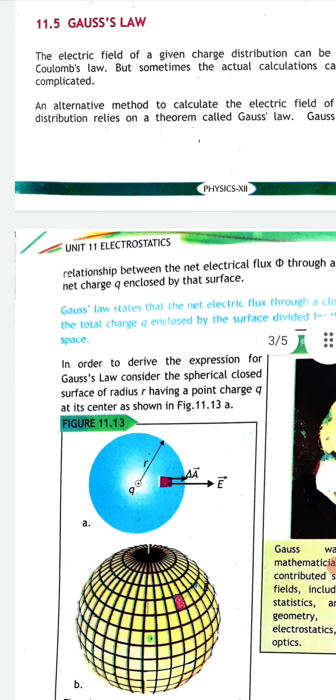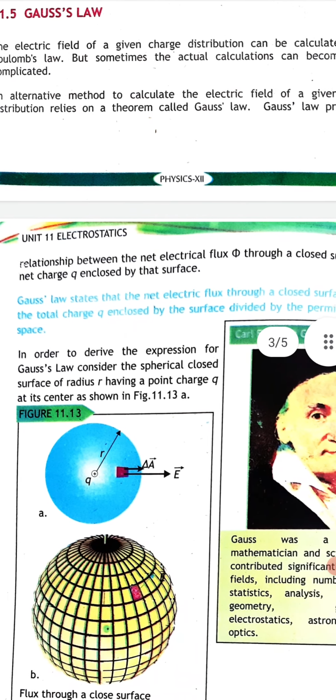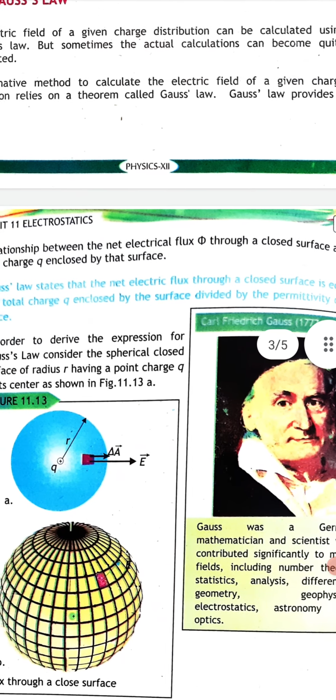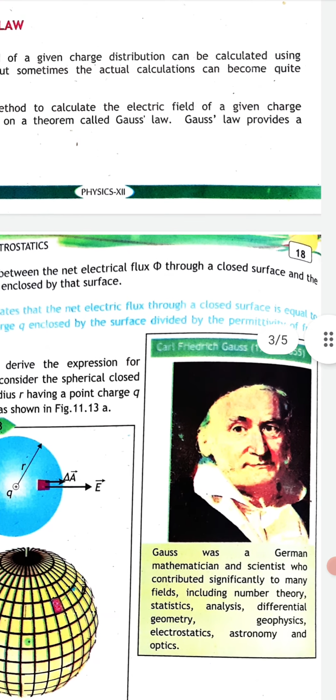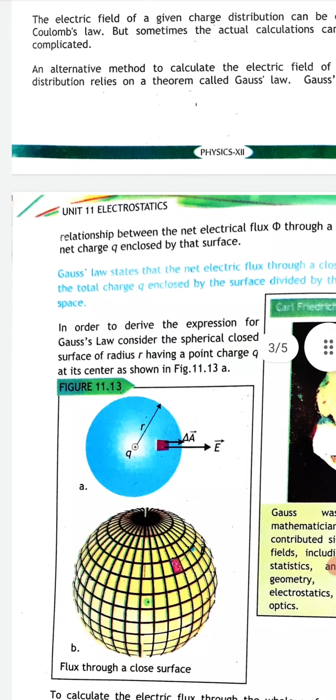Okay, so Gauss law states that, here in the blue paragraph, which represents the statement of Gauss law: the net flux through a closed surface is equal to the total charge enclosed by the surface divided by the permittivity of free space. We have already discussed the permittivity of free space.